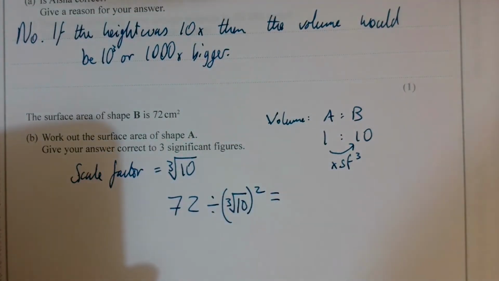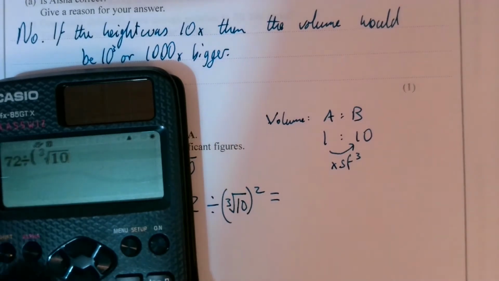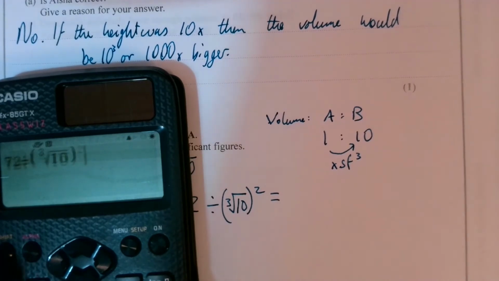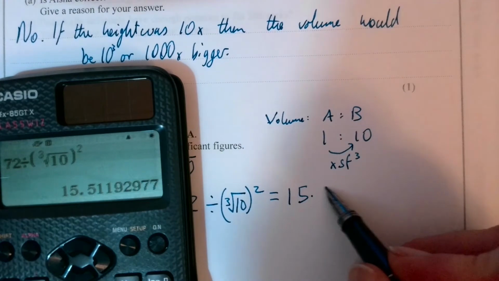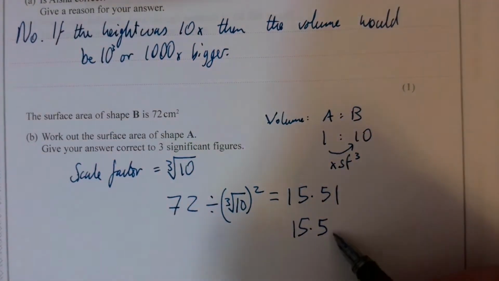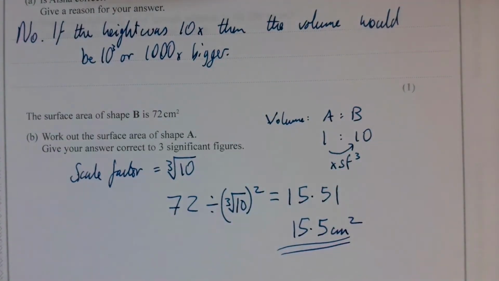So if I do that in the calculator, 72 divided by, I'm going to put it in brackets just to make sure, cube root of 10, come out of the bracket, squared, equals, and I get 15.4051, so 15.5 centimeters squared to 3 significant figures.